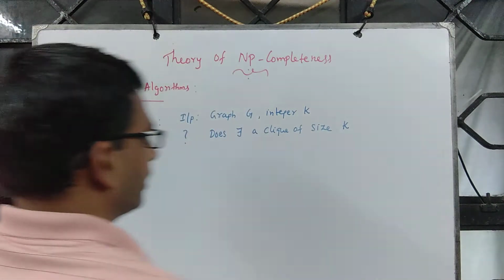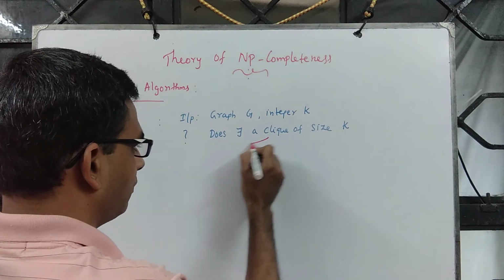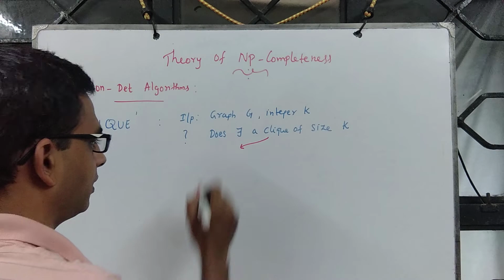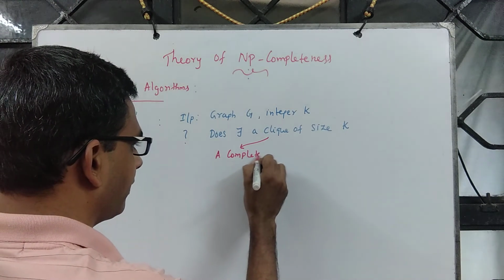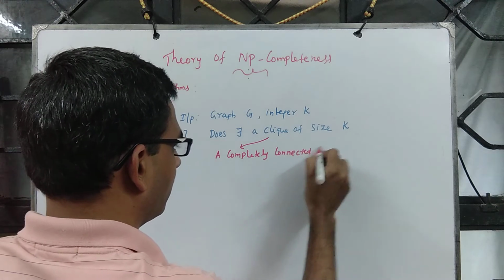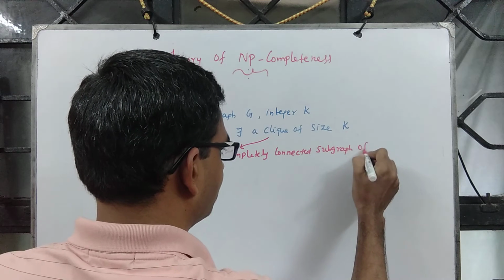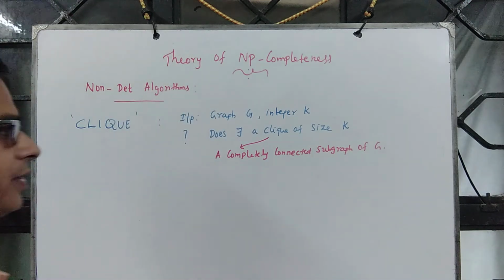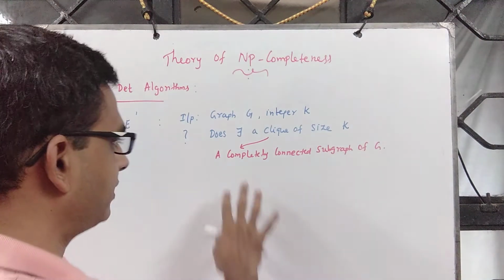So to answer this, first let's understand what is a clique. It is a completely connected subgraph of G. We have seen this in the context of graph algorithms, but let's revisit.